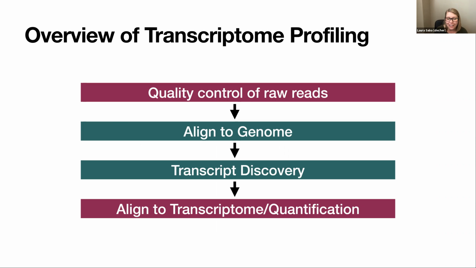Then we can do this alignment to the genome and transcriptome discovery. You'll notice these two bars are in green, which I am using to indicate that this is an optional step. We can go straight from those raw reads to an alignment of a transcriptome and quantification if we're confident in our transcriptome.